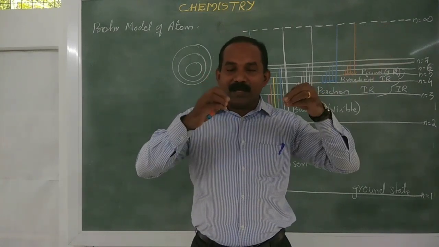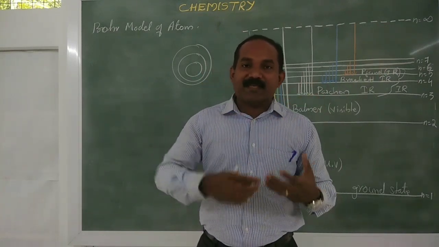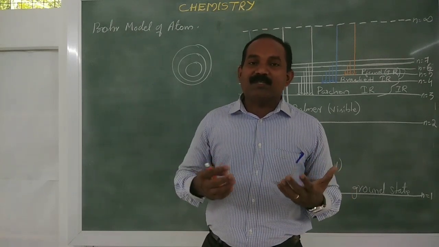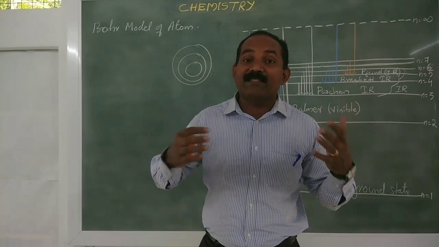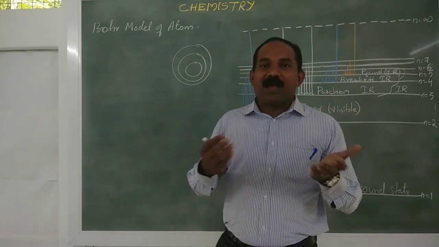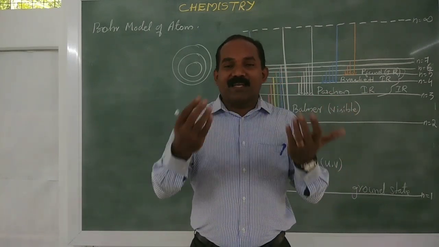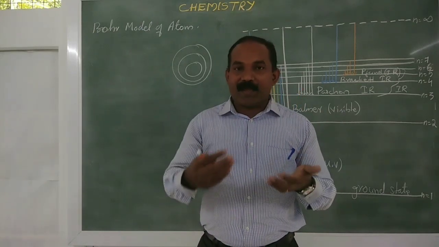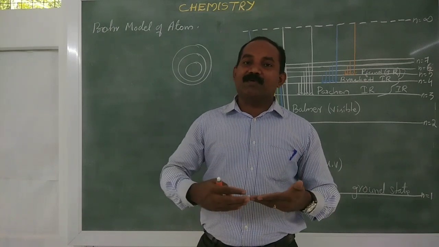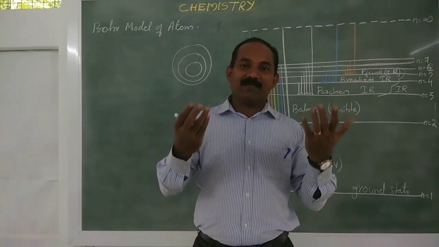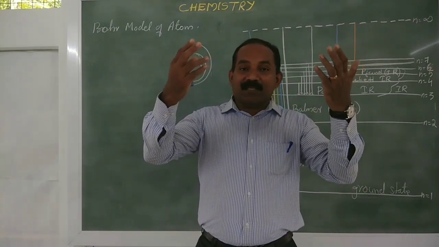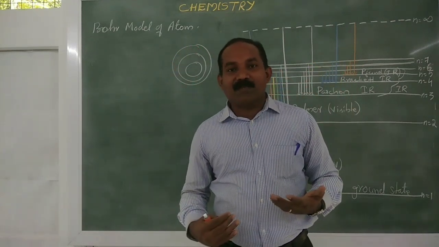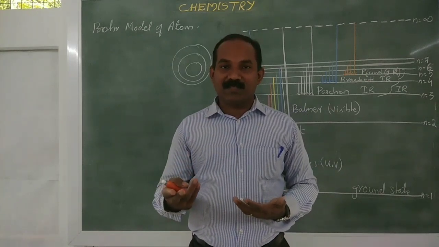Different atoms absorb different energy, and therefore the electrons are present in different energy levels, and the excited electron can come back into the lower levels. By absorbing energy, the electron jumps from a lower level to higher levels, and the excited electron can come back into the lower state by emitting energy.